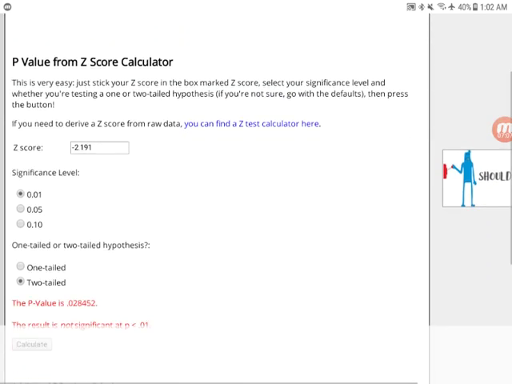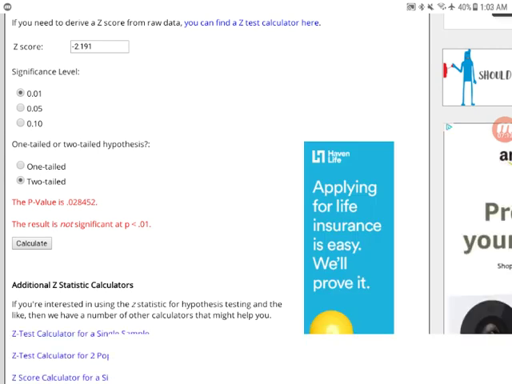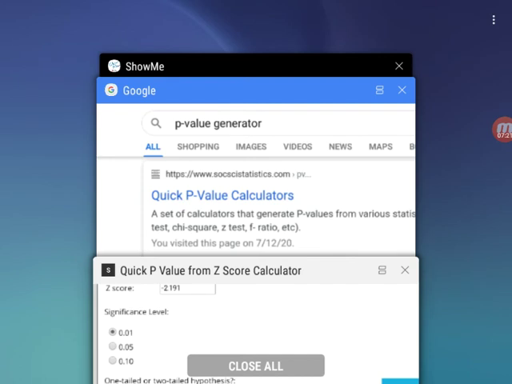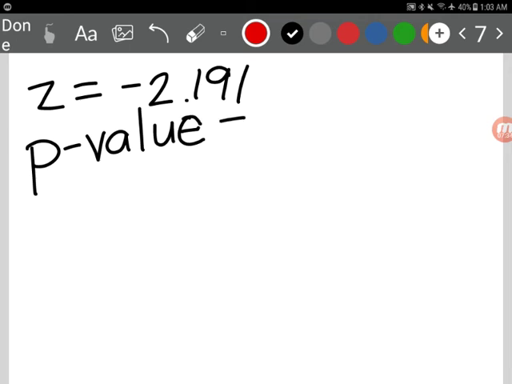When I calculate that, I have a p-value of 0.028452. Very easy. So my p-value is 0.0285.